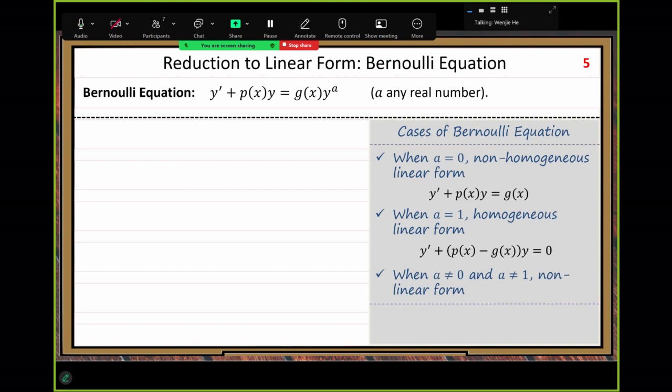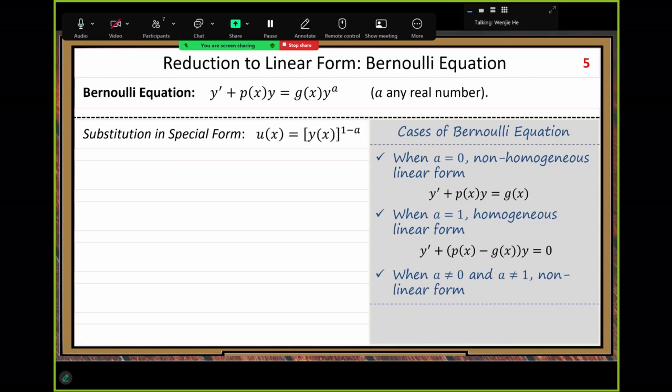And it is a nonlinear form in this case. Remember how we define the linear? With respect to y, it is not linear. This y to the a term breaks the linearity property. But Bernoulli gave us a special form of the solution.